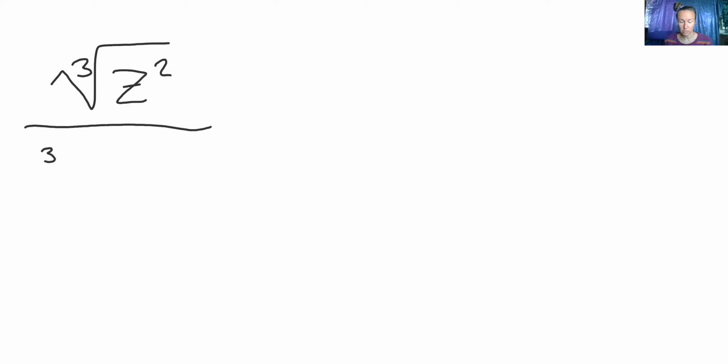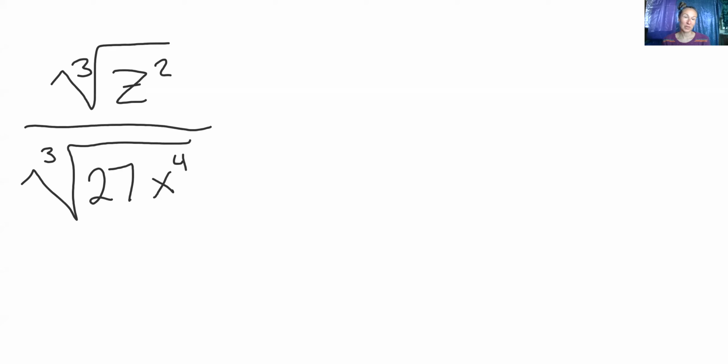One more example for you guys. We're going to do the cube root of z squared over the cube root of 27x to the 4th. So here, let's simplify first before we try to rationalize this denominator.